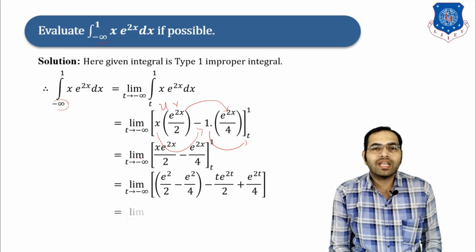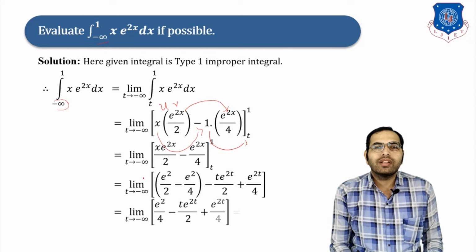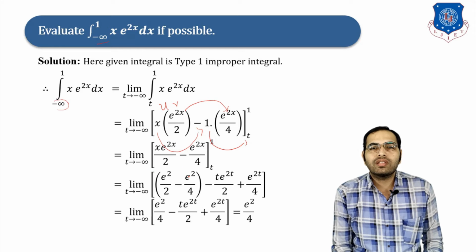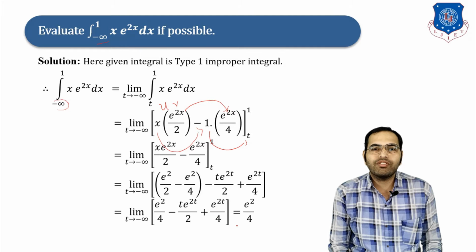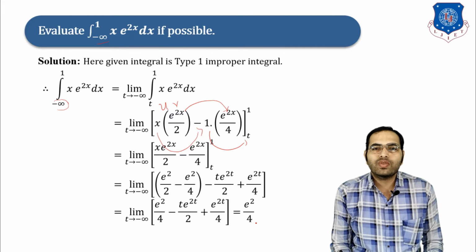Now applying t tends to minus infinity and simplifying this term, we get limit t tends to minus infinity of e square by 4 minus t e raised to 2t by 2 plus e raised to 2t by 4, and applying t tends to minus infinity, that will give you e square by 4.